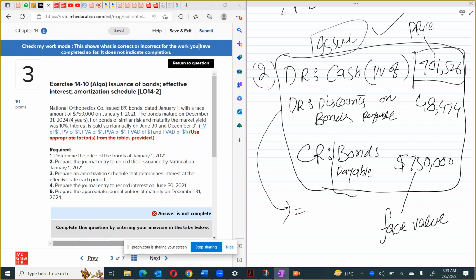First is date, then cash interest, then effective interest or interest expense, then what previously we studied as discount, we will now write here premium. Discount is reduction, premium is increase.